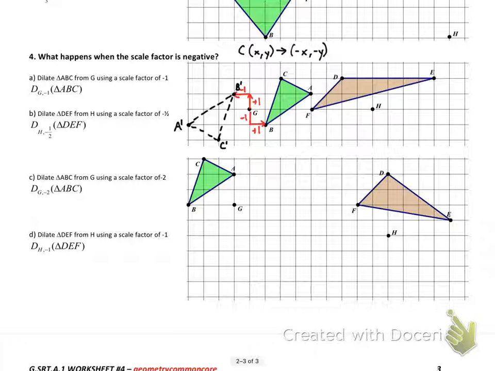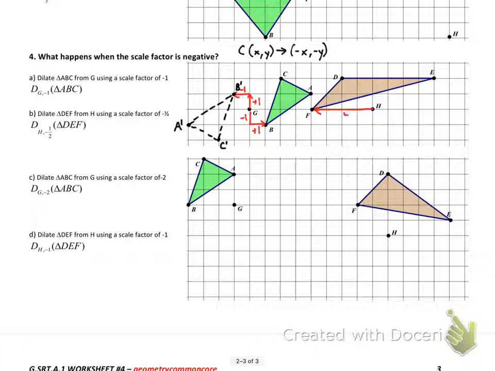Let's do the next one, which is a -1/2 scale factor. And you can probably imagine what we're going to do here. We're still going to change our directions, but instead of going the full distance, we're going to go half of it. So, I'll just do this one real quick. For F, and I'm looking at problem 4B right now. So H is my center of dilation. I'm going to count. I'm going left 4 here.